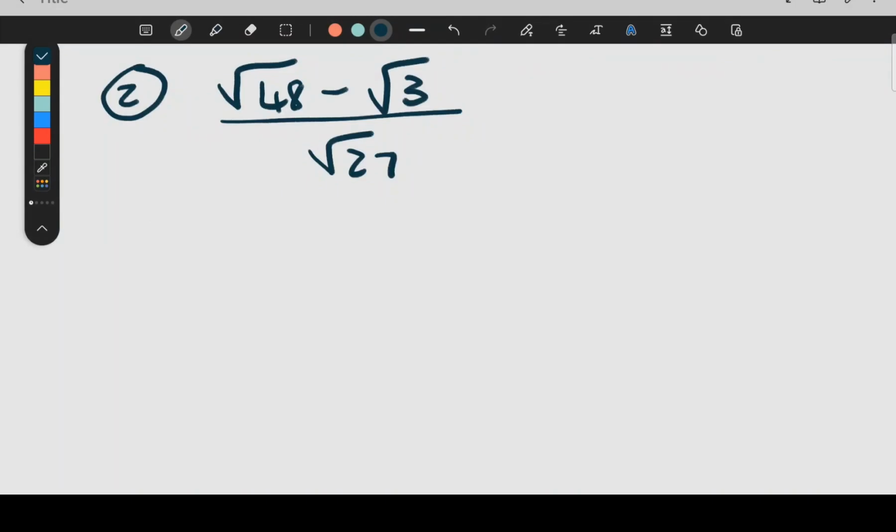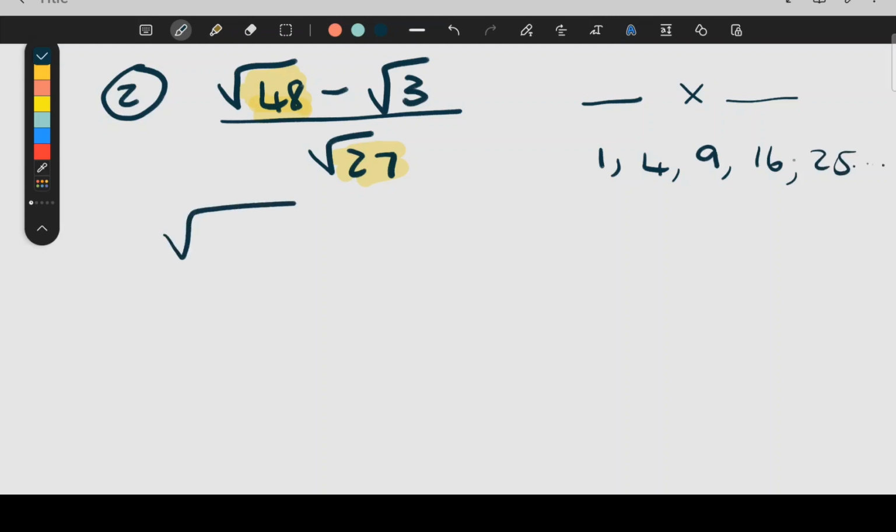Let's look at number 2. I'm going to apply the same principle. So do you see this 48? You can rewrite it. This 27, you can rewrite. Again, I'm going to write it as something times something, but one of the numbers must be a perfect square. So 1 times 1, 2 times 2, 3 times 3, 4 times 4, 5 times 5, and so forth.